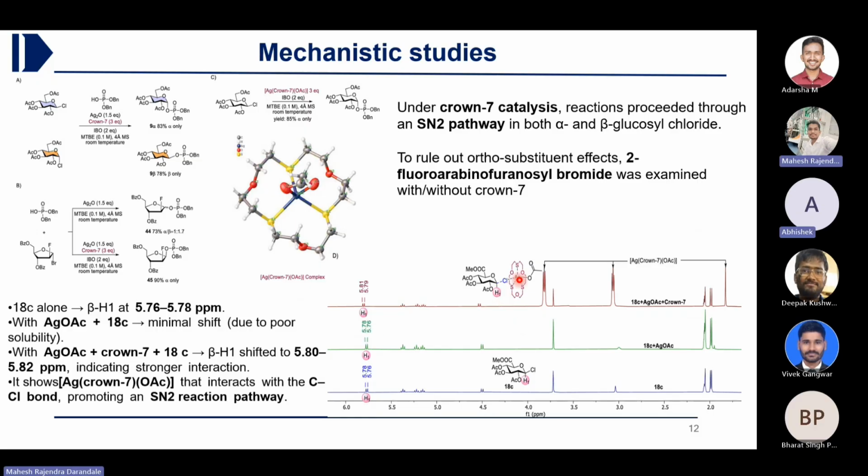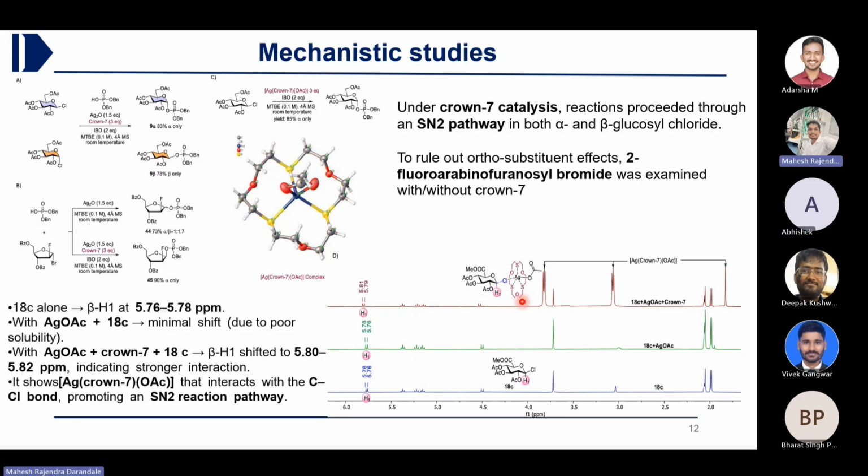In the third NMR they are adding 18C sugar plus salt plus thiocrown ether. I think they are using one particular solvent, and in that solvent the salt plus thiocrown ether makes it soluble, and then it coordinates with the chloride.